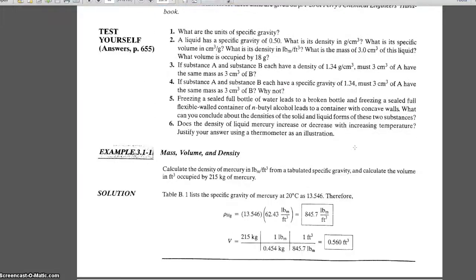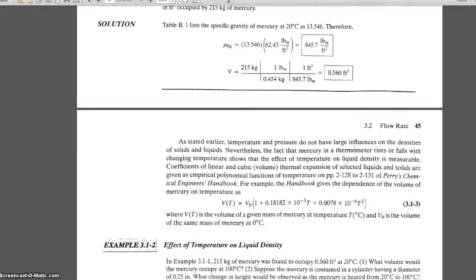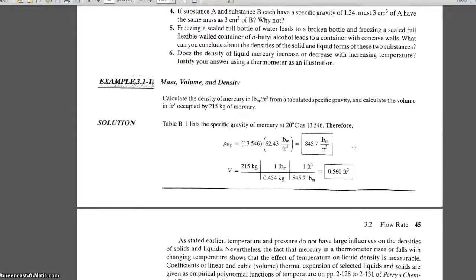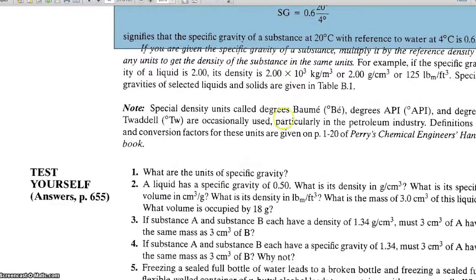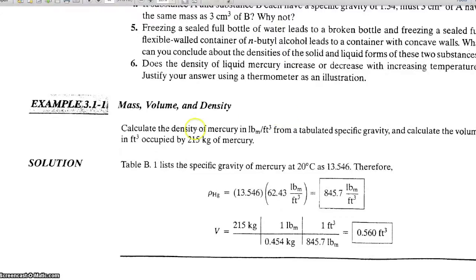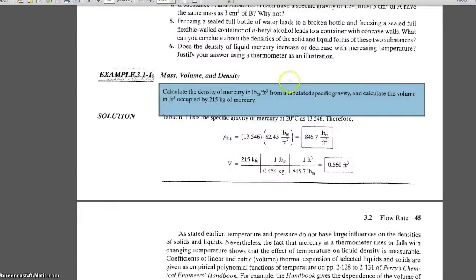Let's look at an example. I'm stuttering now. Yeah, this will do. So mass, volume, and density. Example 3.1-1. The question is, can you see it?